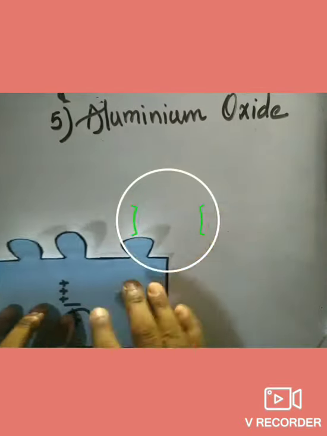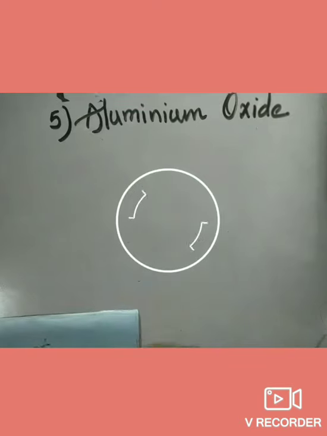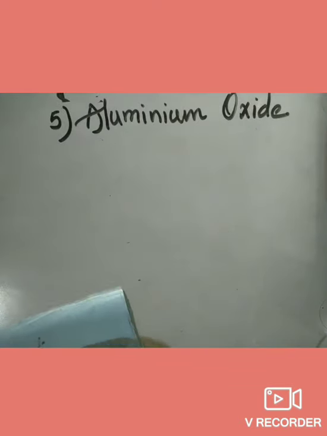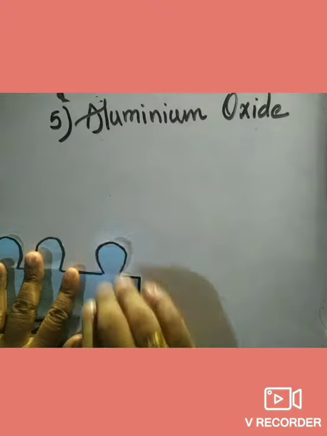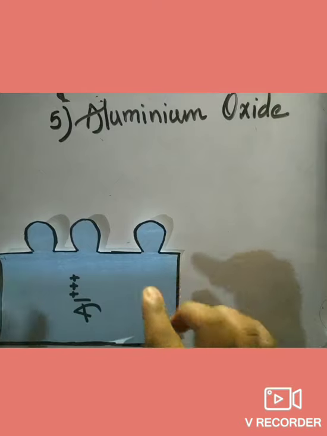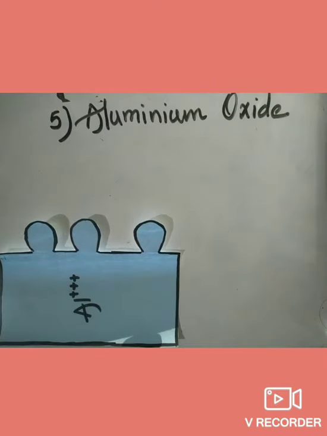Let's take it in this way so that I'll get the proper space for this. Okay, so here I have taken aluminium having 3 extra parts and it is making compound with oxygen. So I am taking oxygen.